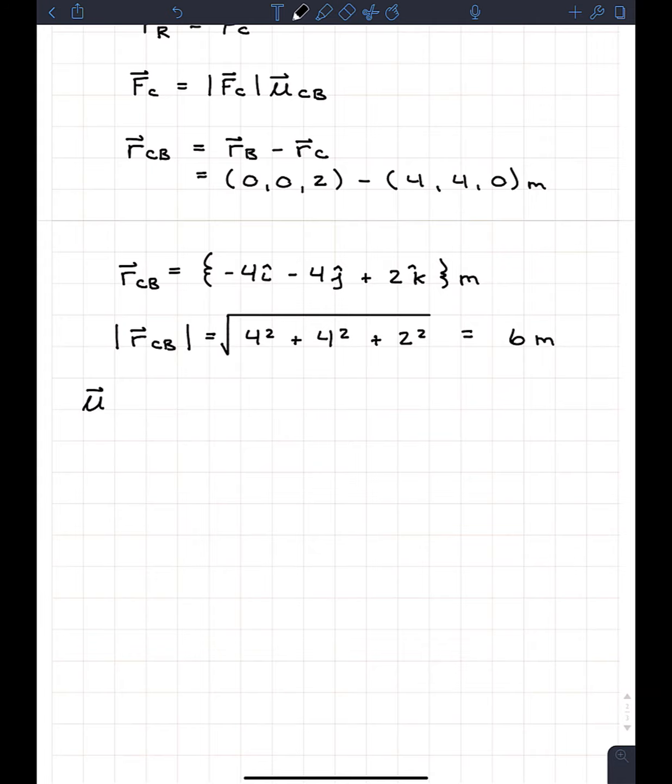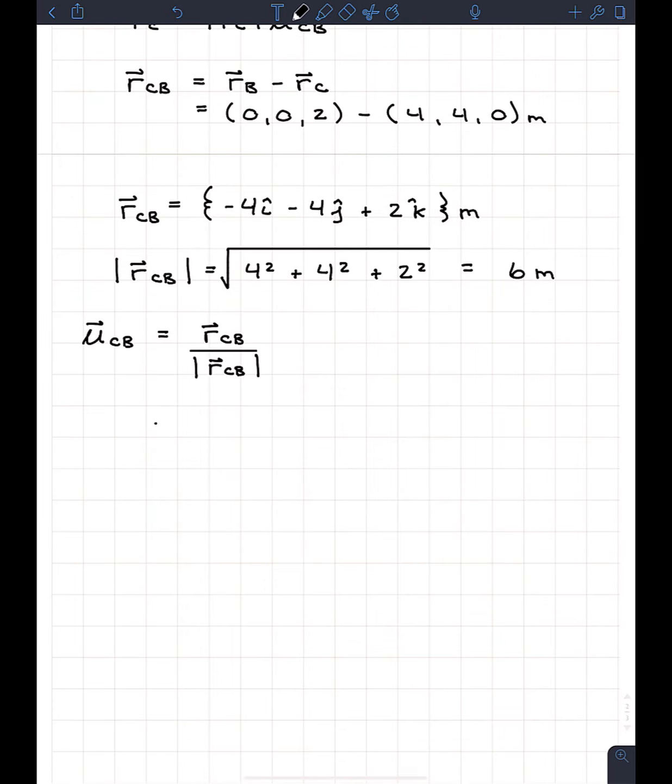U CB is the position vector CB divided by the magnitude of CB. So we take all of those components, the -4s and the 2, and divide them by 6.